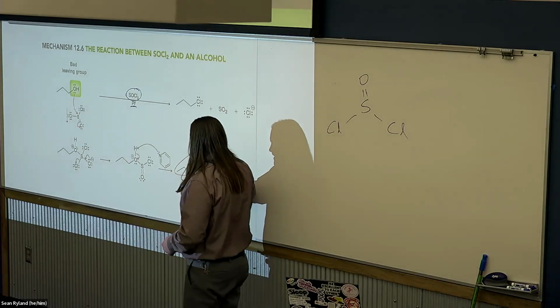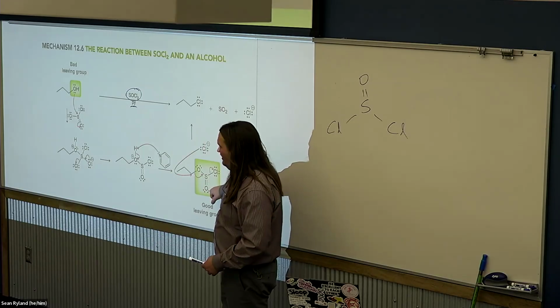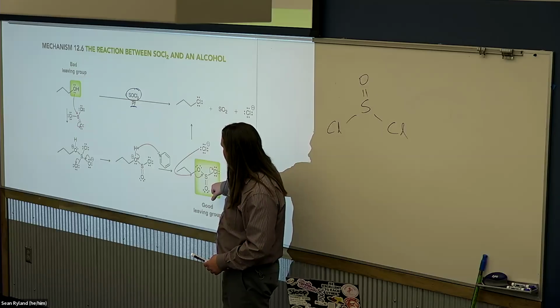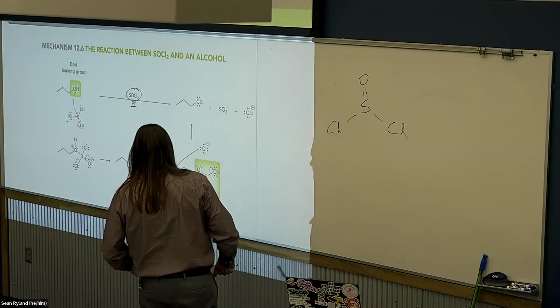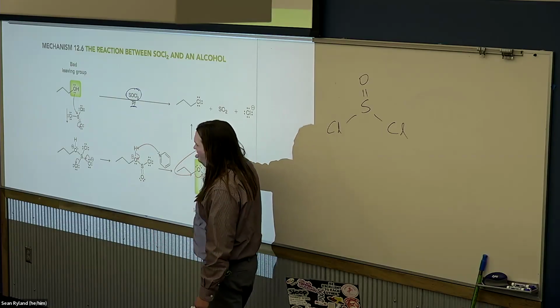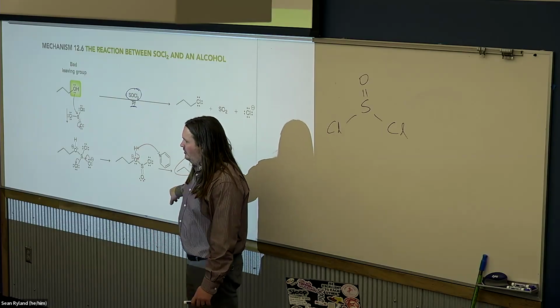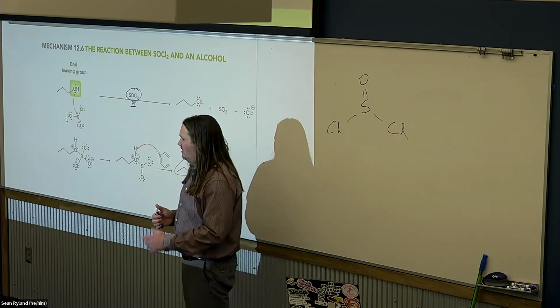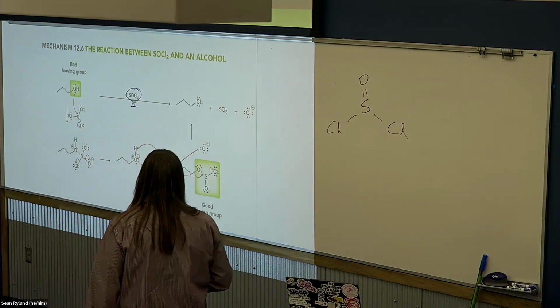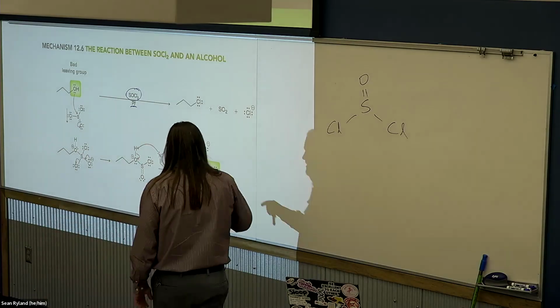Then once we do that, we get this SO2Cl, which is a really good leaving group. So then it makes it pretty easy for pretty much anything to come in and be a good nucleophile. Chloride is an okay nucleophile. Now that we've converted the oxygen into a good leaving group, we just do an SN2 step.